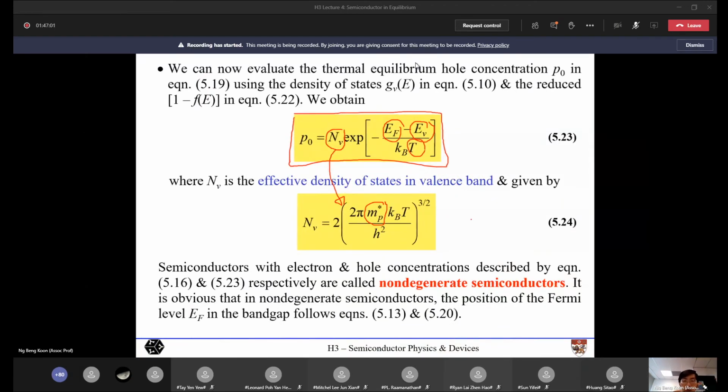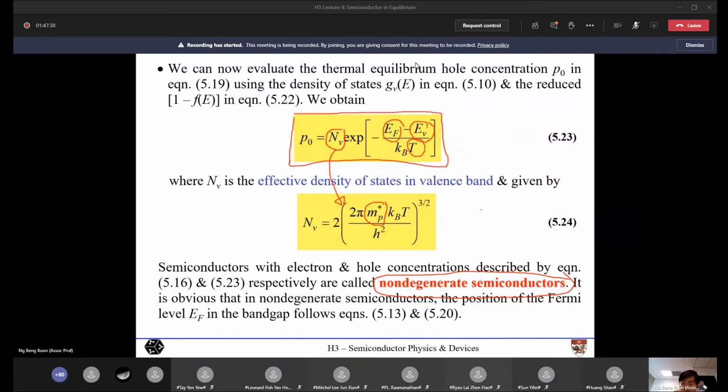Now, for these two equations, remember that they are derived based on the assumption that the Fermi level is sufficiently far away from the conduction band edge and the valence band edge, so that we can make those approximations. A semiconductor that satisfies this condition, where the Fermi level is not too close to the conduction band edge and not too close to the valence band edge, is known as a non-degenerate semiconductor.